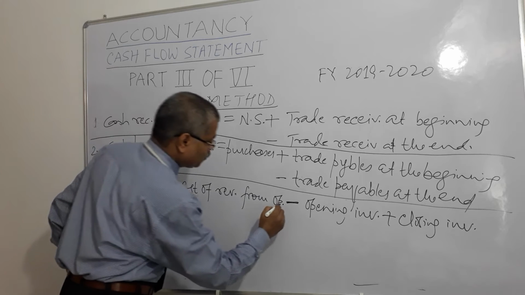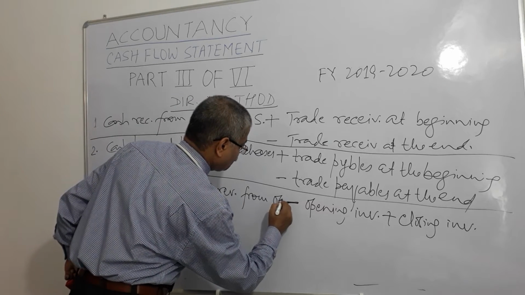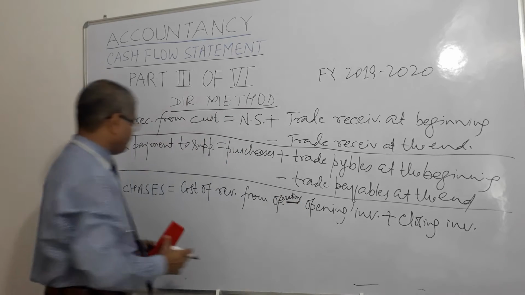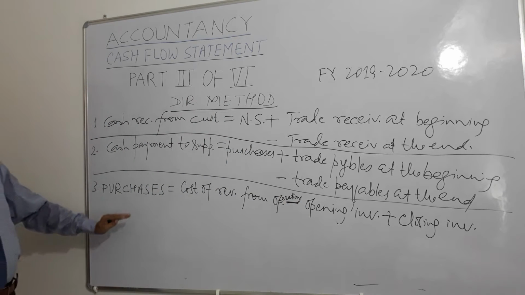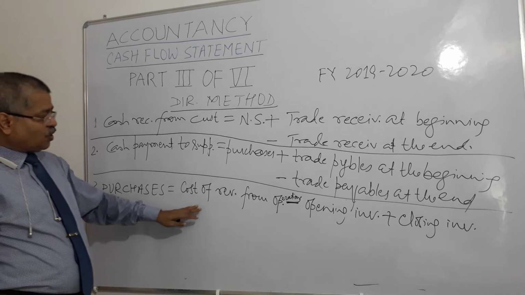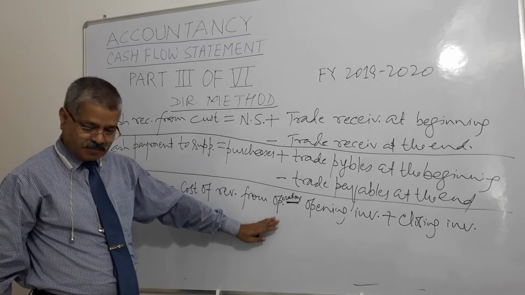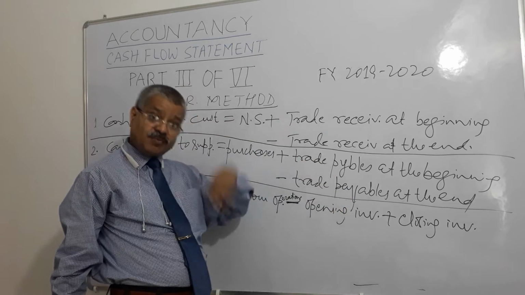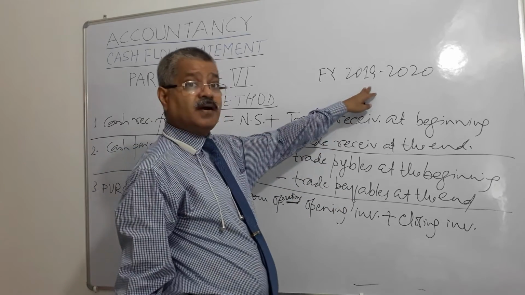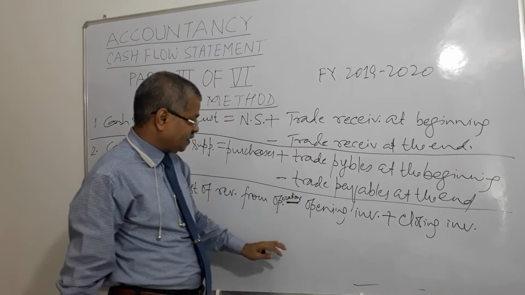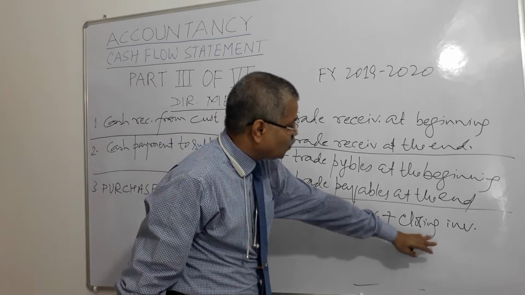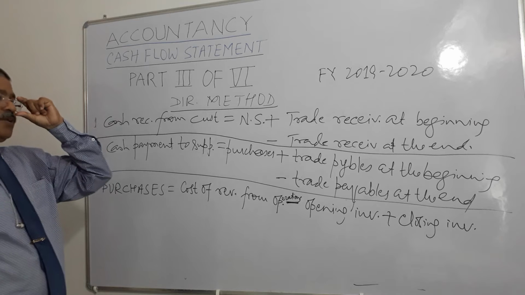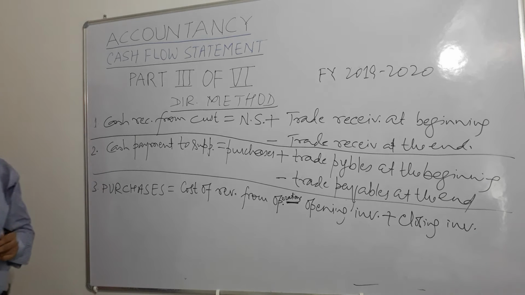This OP you should not confuse with opening. This is operations, right? So purchases is equal to cost of revenue from operations minus opening inventory, because this we got at the opening of the year, 1st of April 2019, plus closing inventory as on 31st of March 2020, right?